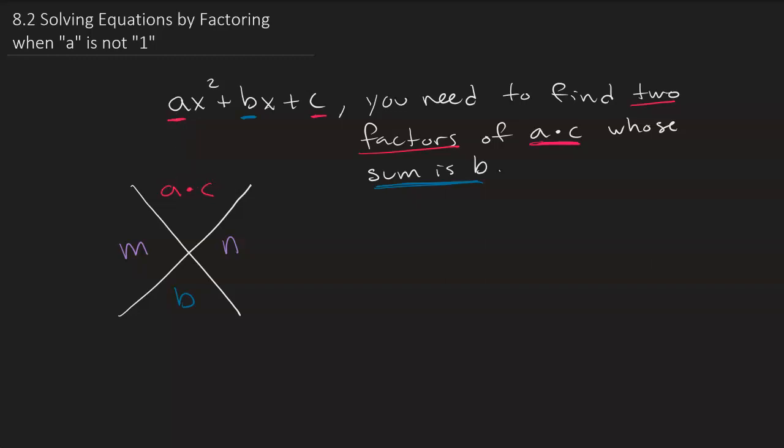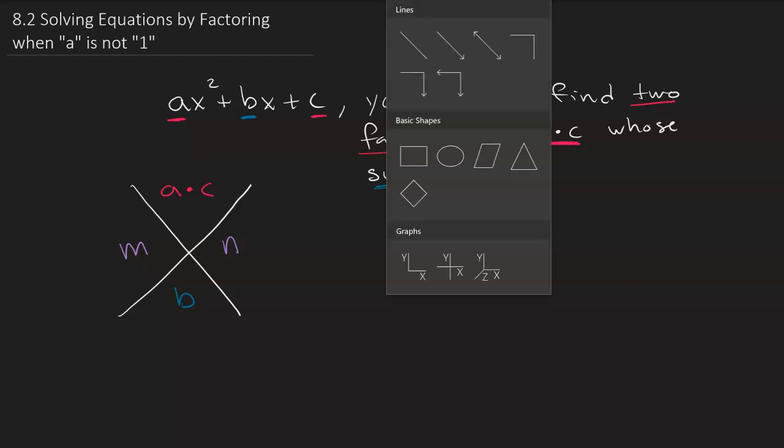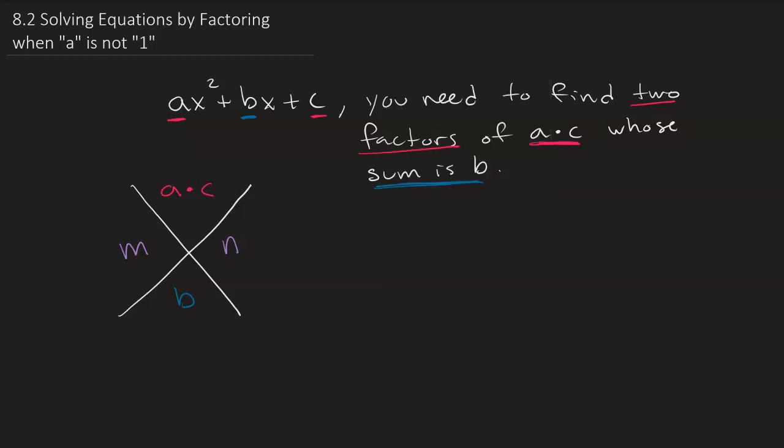And after we do that, we need to create a kind of a box model. So this would be the box method. Okay, and let's see where these parts go. In the top left, we're going to put our ax squared.